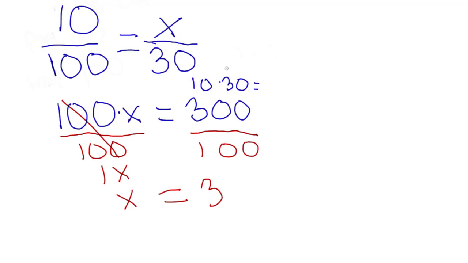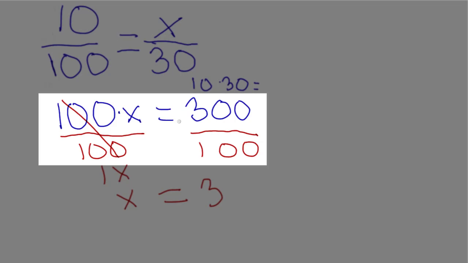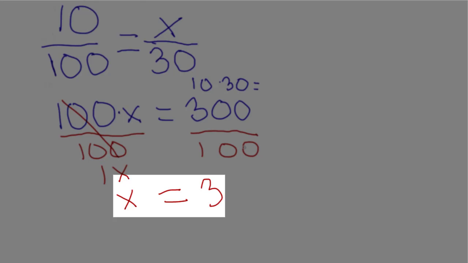To find out what the missing number, or what 10% of 30, is, we cross-multiplied and set them equal to each other, and then we had to divide both sides by the number that was with the X, in this case, 100. And that gave us our answer. 10% of $30 is $3.